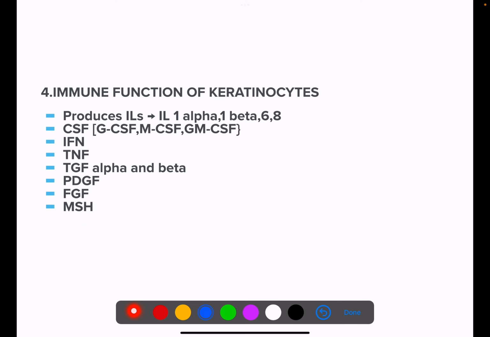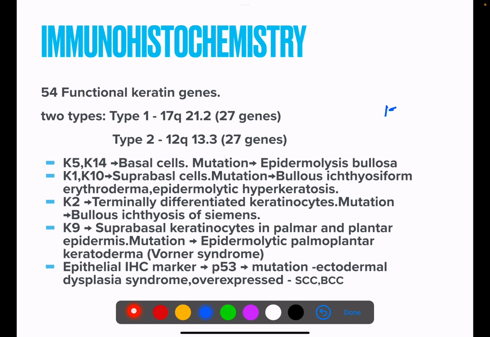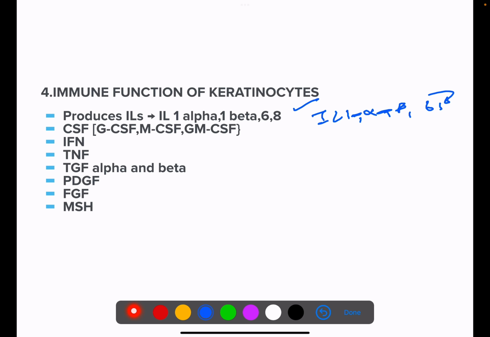Okay. Then immune functions. We have production of interleukin 1 alpha, 1 beta, 6 and 8. Okay, wait 1 second. I'll draw this again. There is more confusion over here.